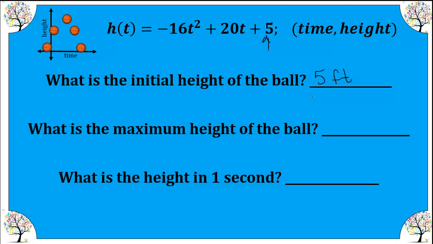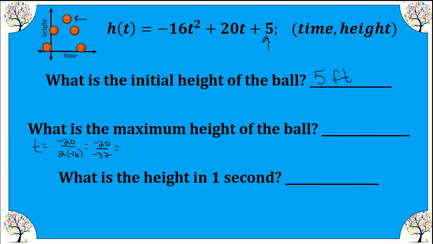What is the maximum height of the ball? Well, the maximum is going to be right here, but we got to get the time first. So we are going to use negative b over 2a. So to get the time, negative b over 2 times a. And then let's use our calculator. So we are going to have negative 20 over negative 32.